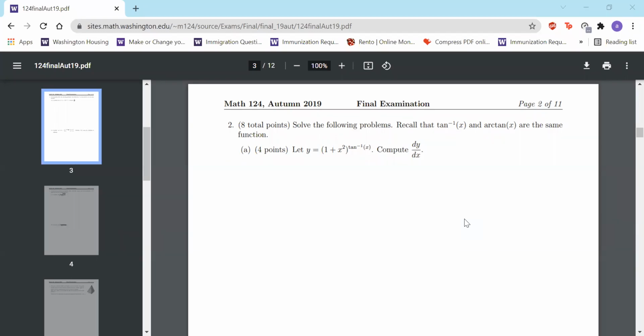For 1B, you have the logarithm differentiation and the quotient rule.